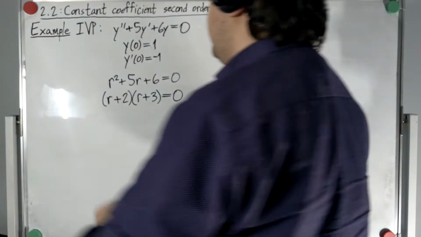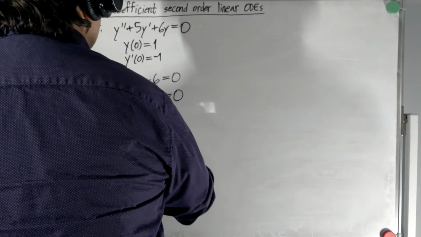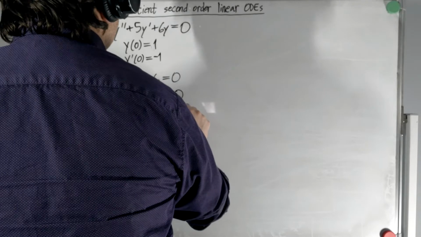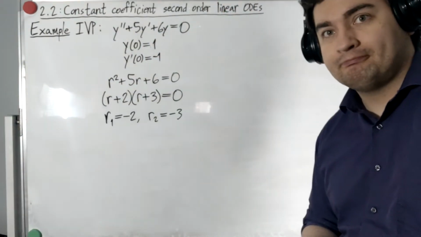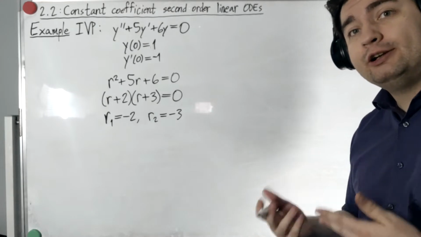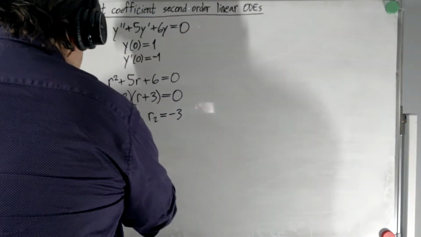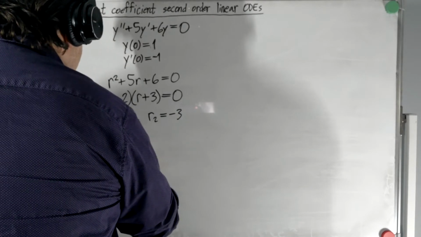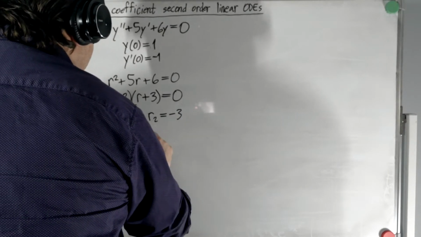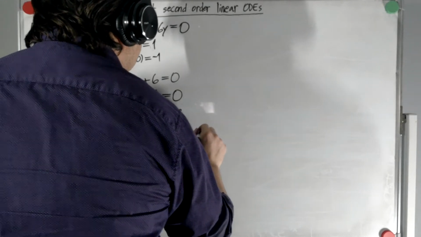And then that gives us two roots, r1, which is -2, and r2, which is -3. Those two roots correspond to two linearly independent solutions to our ODE, namely y1, which is e to the -2x, and y2, which is e to the -3x.